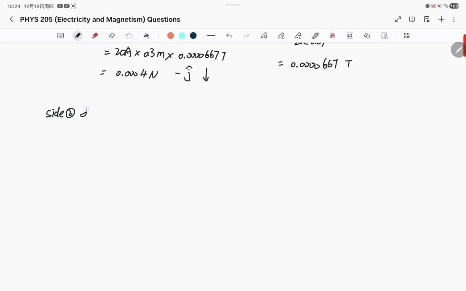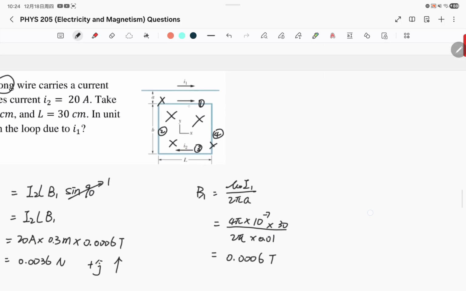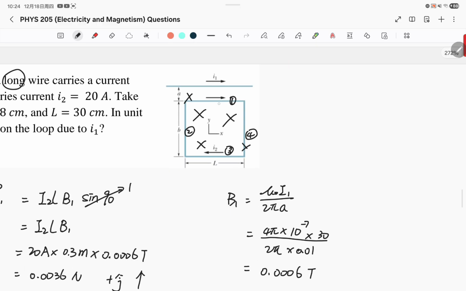Side 2 and side 4, well, we can just say they got cancelled out. Because we know the value is going to be the same for the force, but the direction is going to cancel out. Look at this.